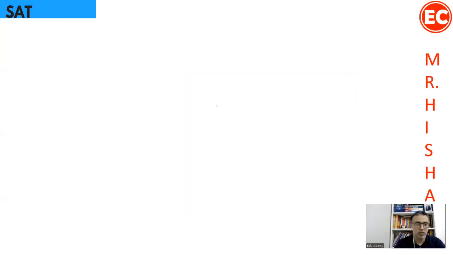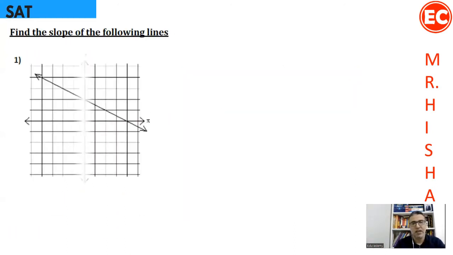Let's take two direct questions. Number one, I have a graphed line. This point is the origin, and 1, 2, 3, 4 is the x-intercept, and 2 is the y-intercept. First, I should decide that the slope is negative. So don't forget that the slope is negative.